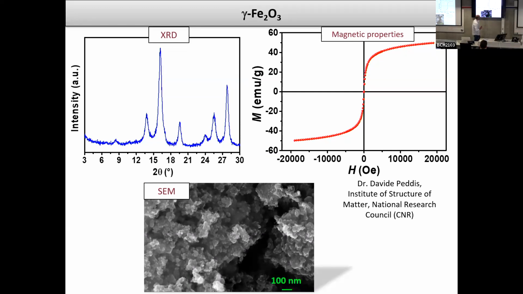Magnetic studies were done to understand the magnetic behavior of these materials, and we interestingly found a superparamagnetic behavior. That is a high susceptibility to an external magnetic field without a hysteresis cycle, so when the external magnetic field is removed, the nanoparticles lose their magnetization. This is important for biomedical applications.